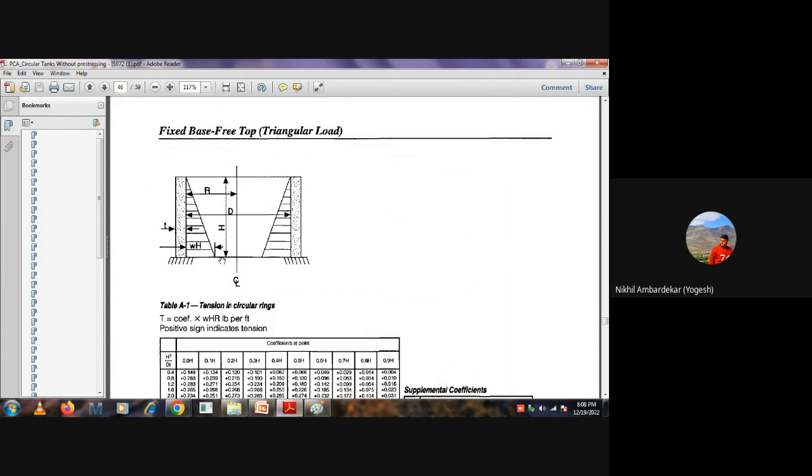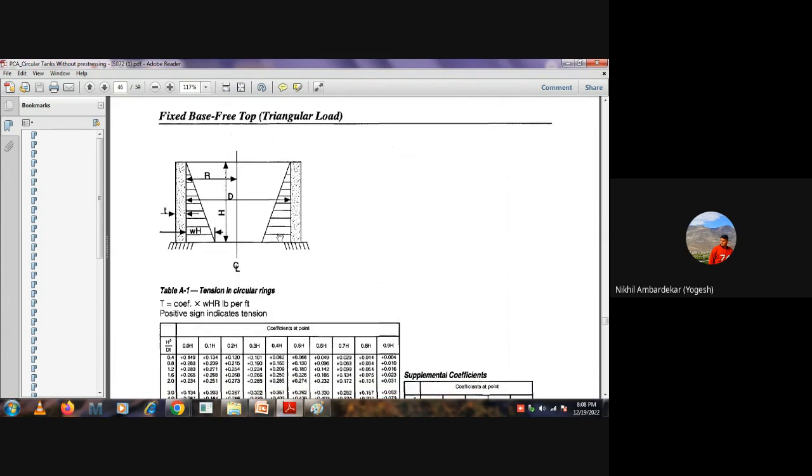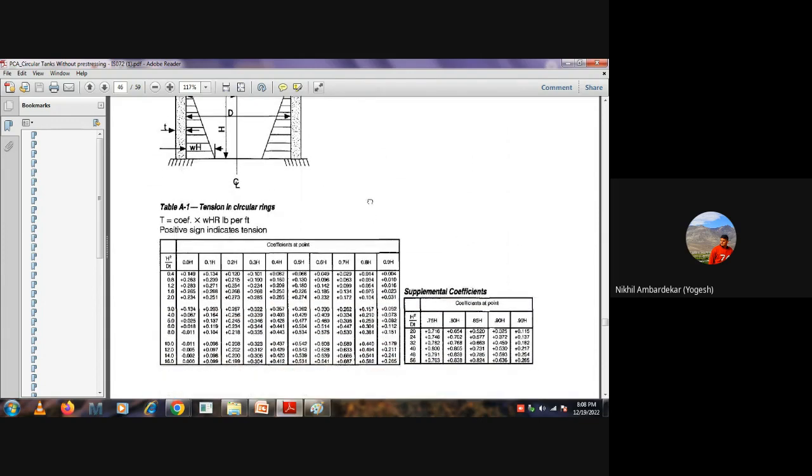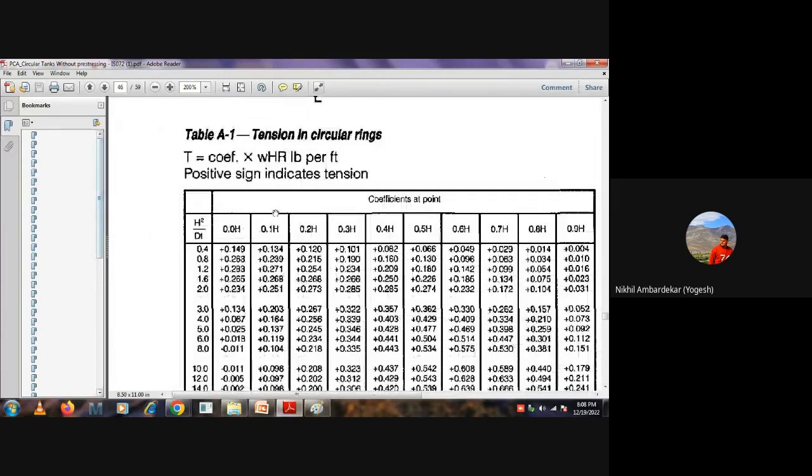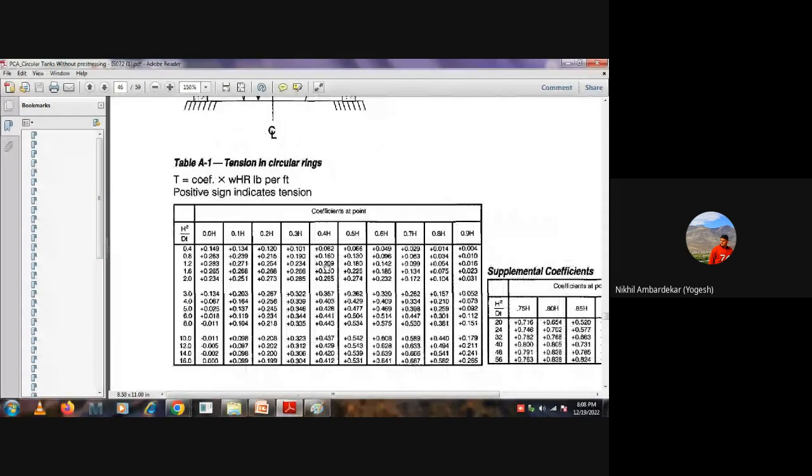Now, how to find out the tension? Again, there are some different tables given. For a rectangular tank, what do we find out? We find out the aspect ratio, that is B by A, correct?